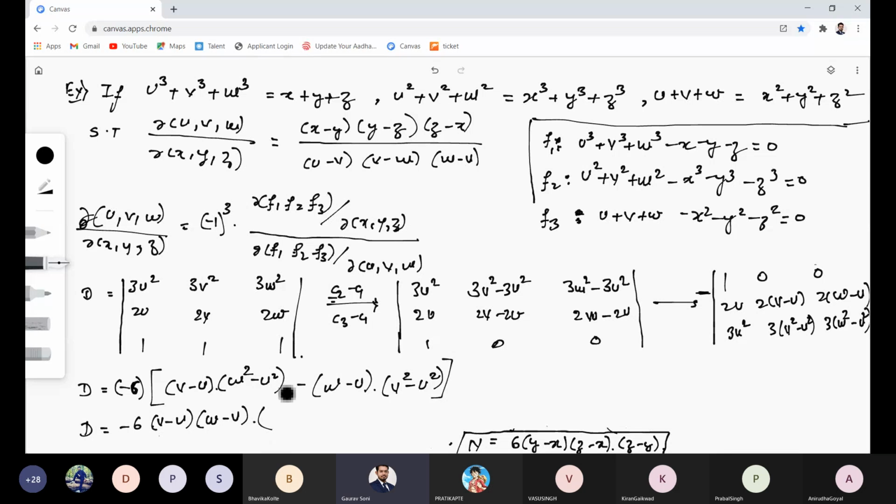What remains is w plus u minus v plus u, so that will be w minus v. This is the denominator.